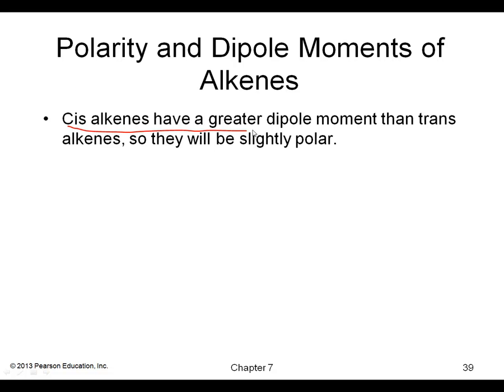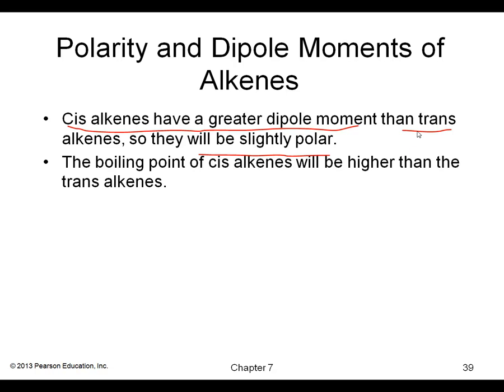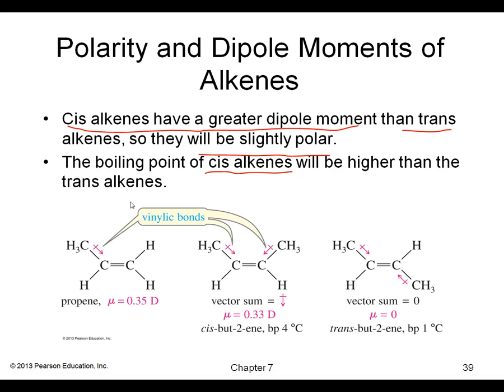Cis-alkenes have a greater dipole moment than trans. So the cis will be slightly polar compared to the trans, which is nonpolar. And so that helps make the cis-alkenes have a higher boiling point than the trans alkenes.